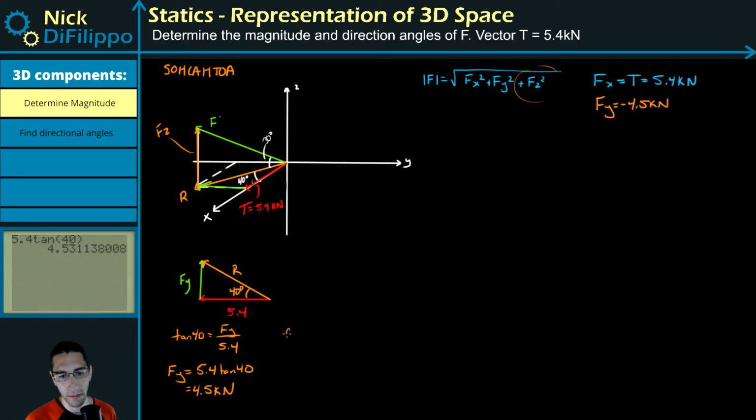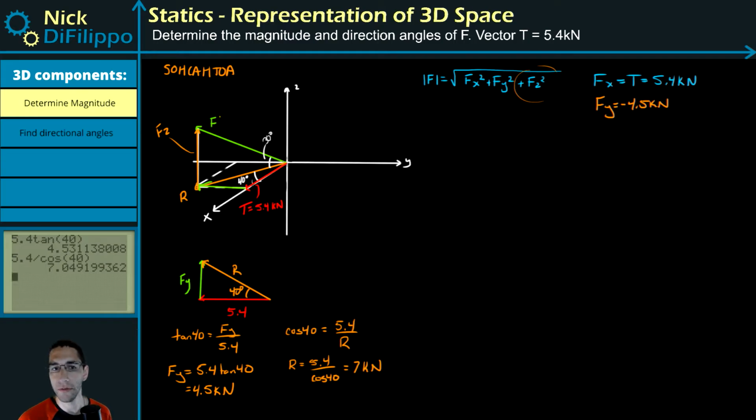So the cosine of 40 is equal to adjacent, 5.4 over R. So R is equal to 5.4 divided by the cosine of 40, and we get 7.05. We'll just call it 7 kilonewtons for simplicity. So R, the length right here, is 7 kilonewtons.